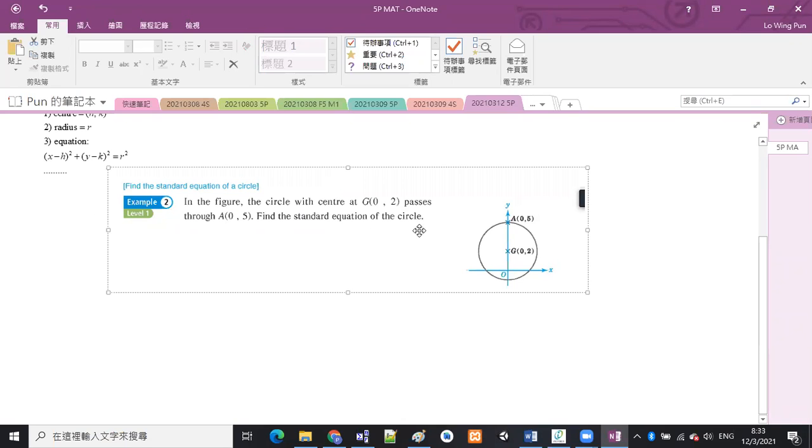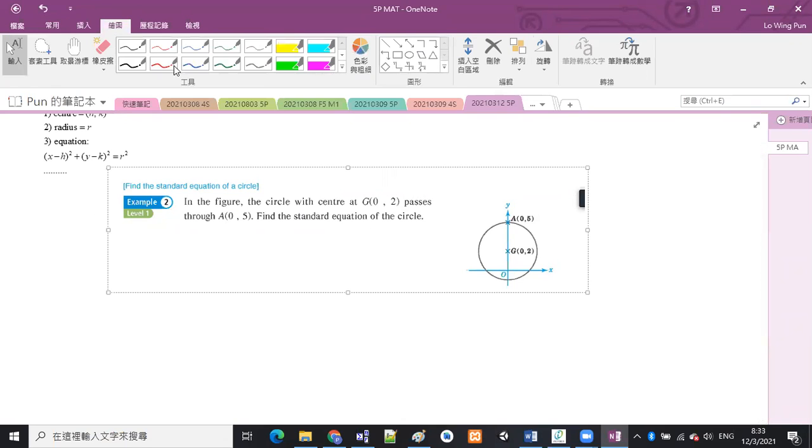Find the standard equation of circle. You don't need to distinguish between what type of equation it is. Just find the equation of circle, and ignore the word standard.